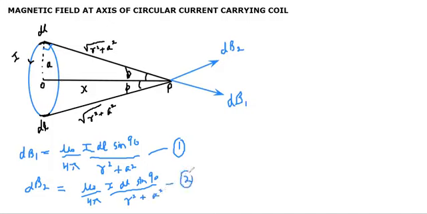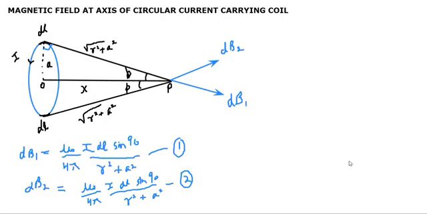So db1 and db2 are the same in magnitude, but in direction they are not the same. So what I need to do, I need to resolve these components. This is the resultant magnetic field due to this, so I have to resolve this.